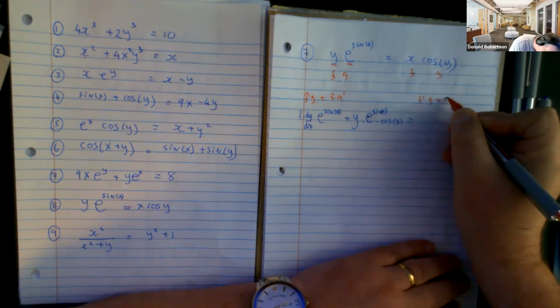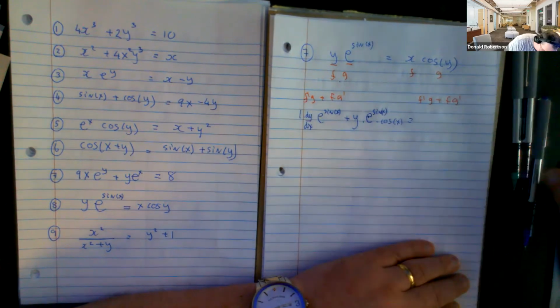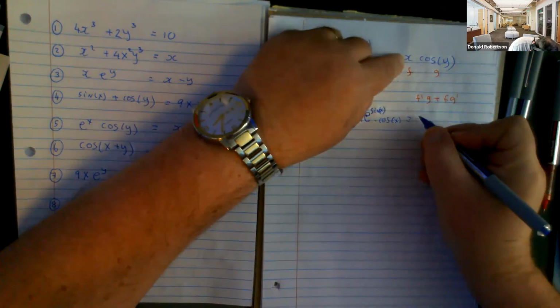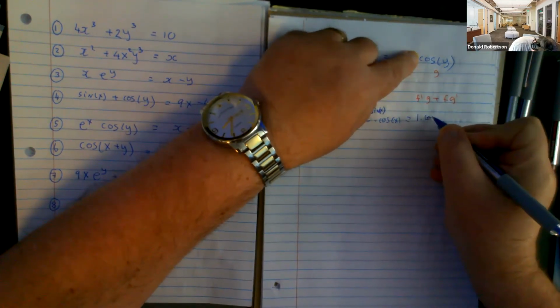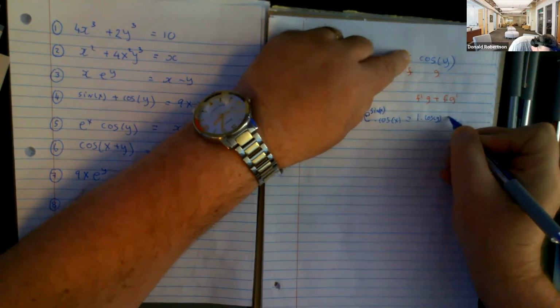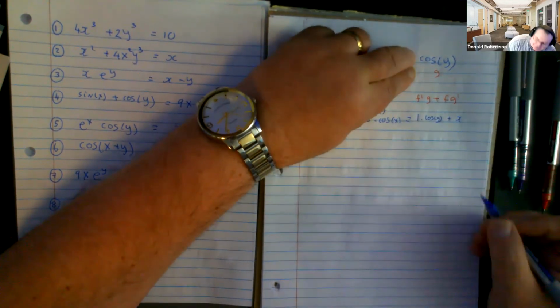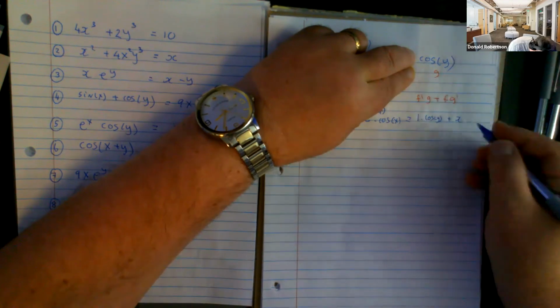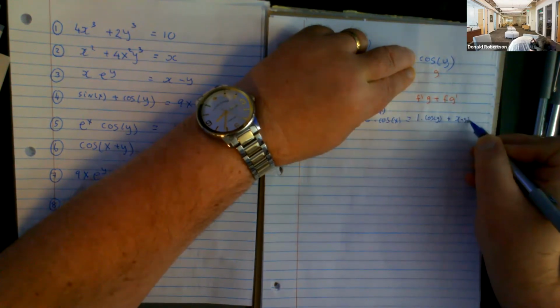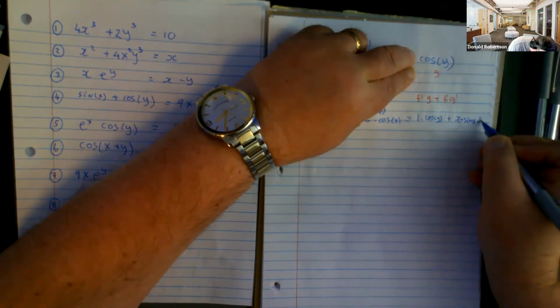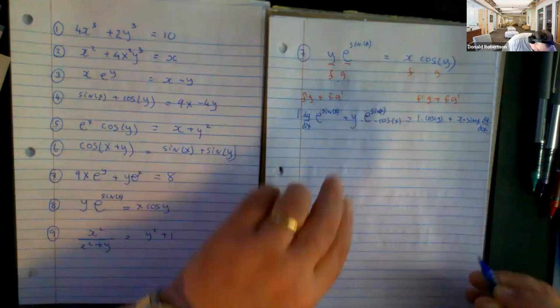A lot easier than the one on the left-hand side was. See what we get. You get 1, leave that alone, plus leave that alone. And if you differentiate a cosine, you'll get negative a sine, finishing again with the usual dy by dx.